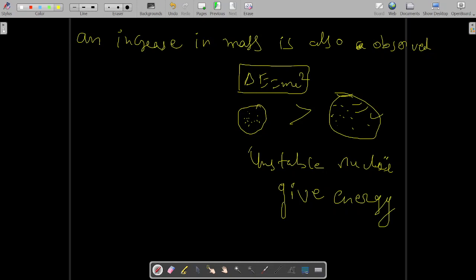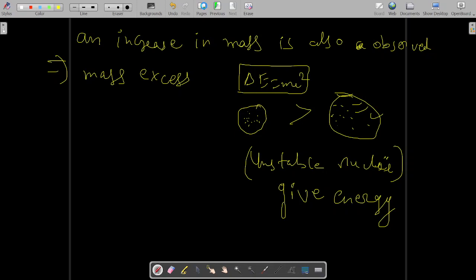It will lead to formation of an unstable nucleus. So this is a rare case. An increase in mass is also observed, and this is what is called your mass excess.